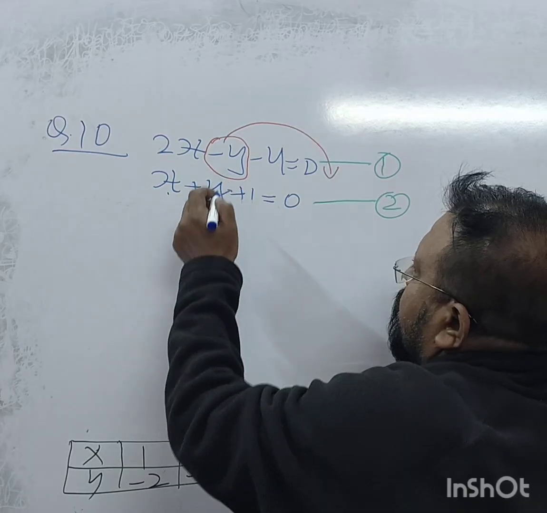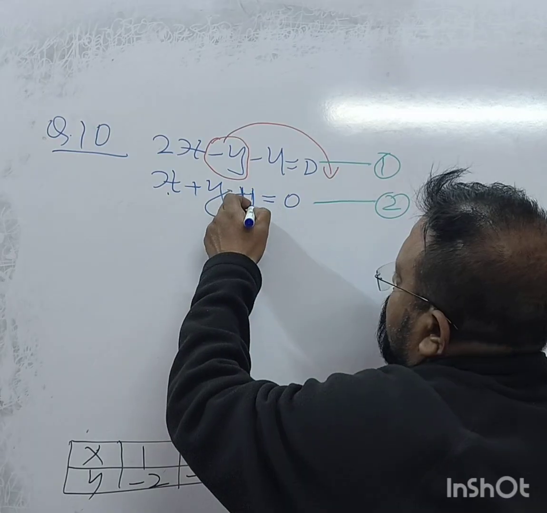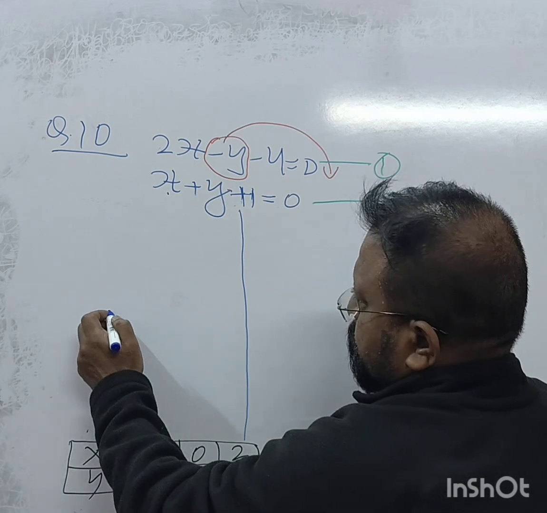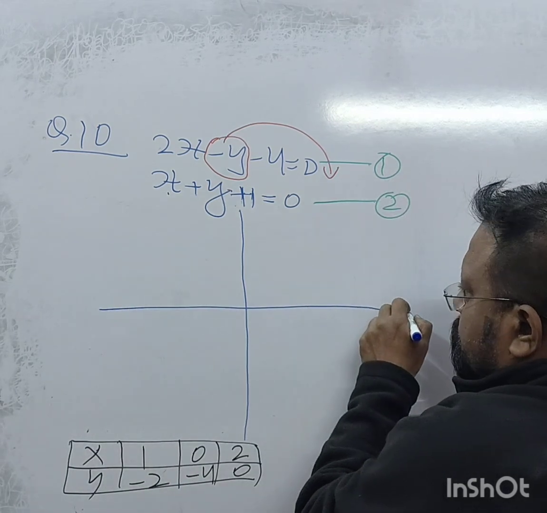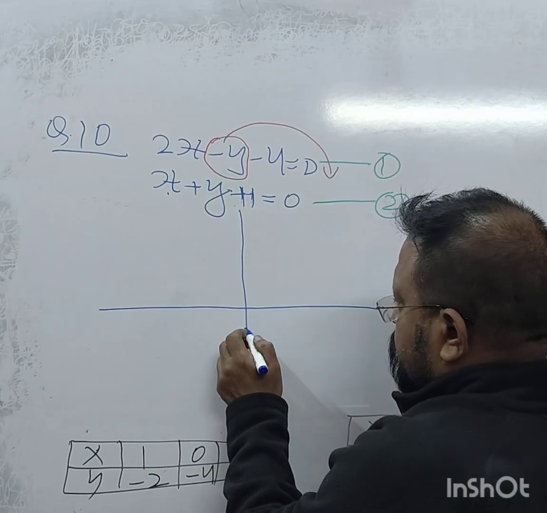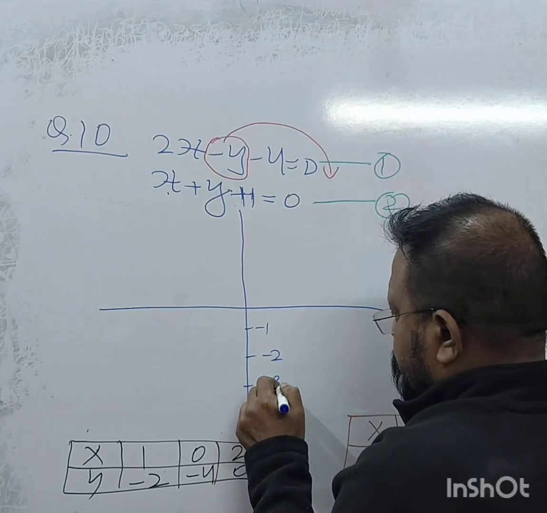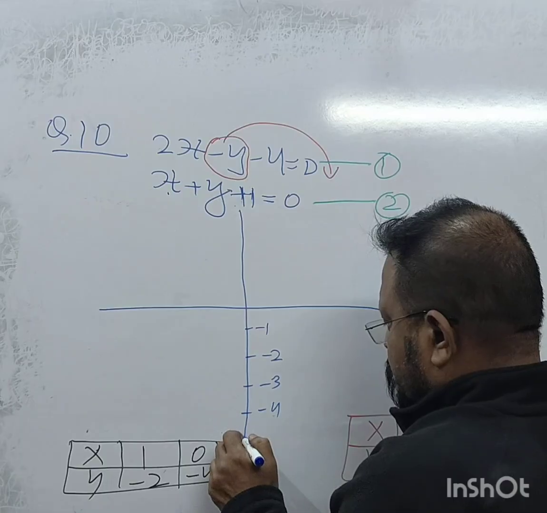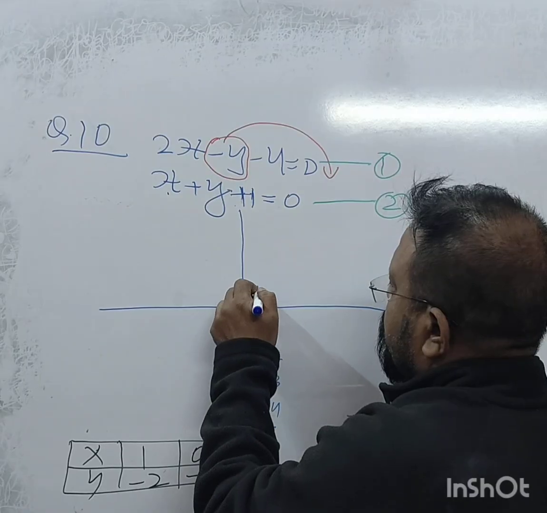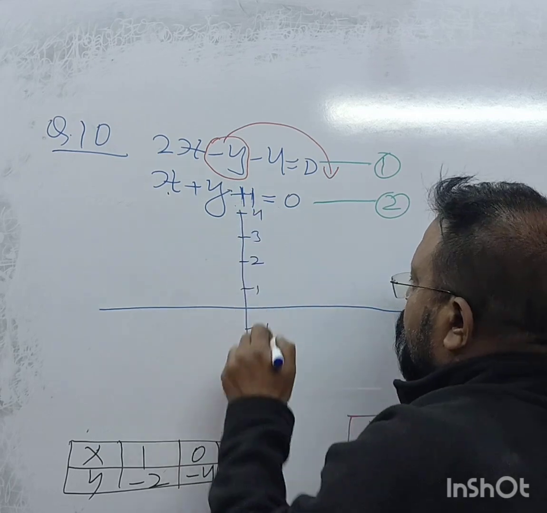So now we have the axes. We have minus 1, minus 2, minus 3, minus 4, minus 5, and we have 1, 2, 3, 4.